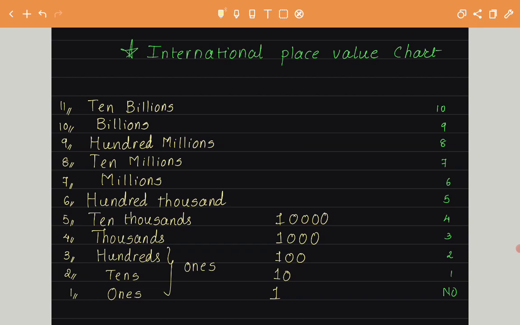In the Indian system there is no 100,000, instead there is lakh, right? So here at the 6th number in the international place value it is 100,000, so 5 zeros will be there. In millions 6 zeros. In 10 millions 7 zeros. In 100 millions 8 zeros.